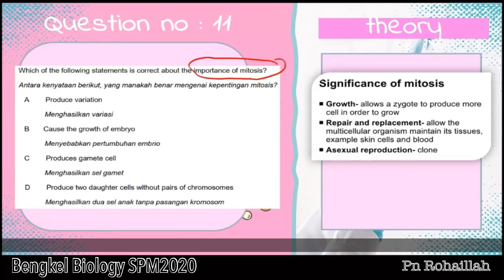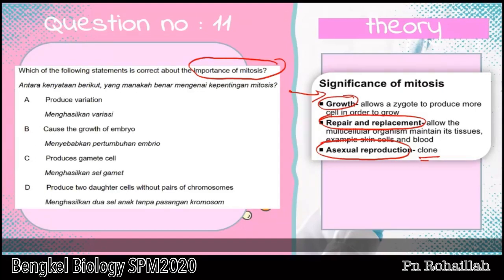For mitosis, the theory is for growth, and also repair and replacement. Say you have a cut on your epidermis, the cells are already damaged, so your body will do repairing. Repairing involves the mitosis process, and also asexual reproduction, for cloning.